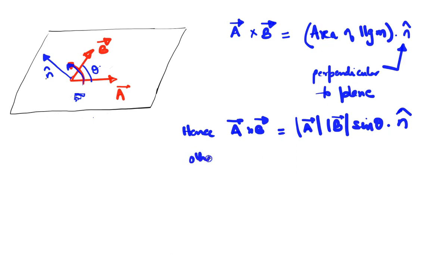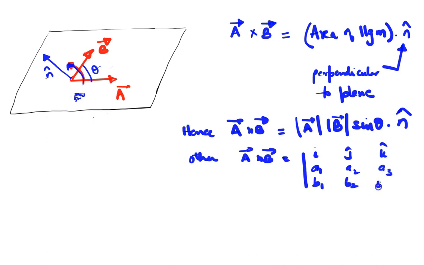Another formula is A cross B is equal to the determinant with rows i, j, k, A1, A2, A3, B1, B2, B3.